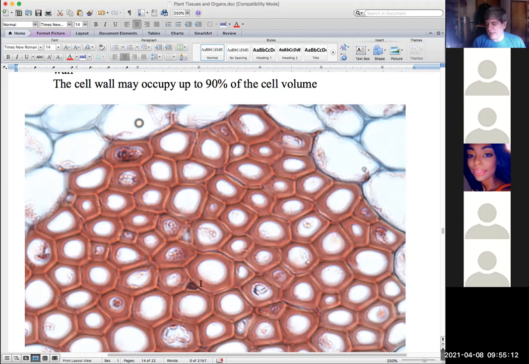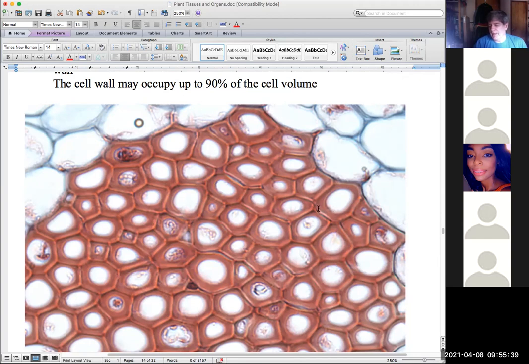If we look at the sclerenchyma cells, what we see is the cell walls are much thicker. So again, sclerenchyma cells have thicker cell walls than parenchyma do. But notice they're roughly the same thickness all the way around. They're not thicker in some locations and thinner in others, like the collenchyma are.